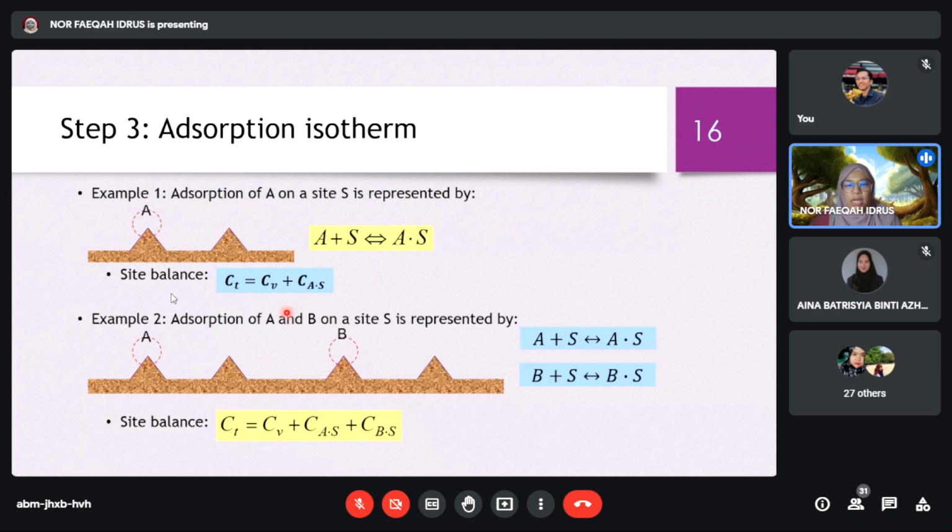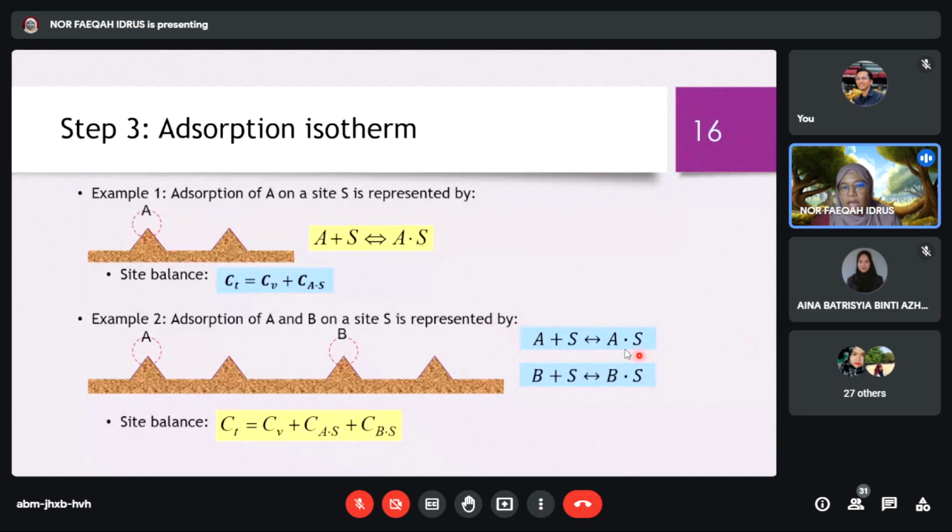Now we look at the second example, adsorption of two species. We have two reactants here, A and B, on site S. First we look at the mechanism.